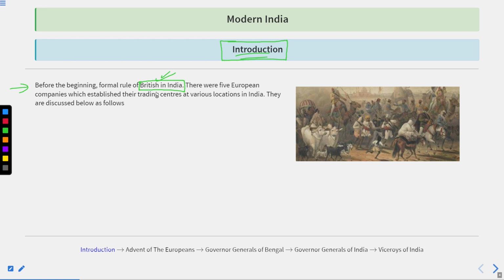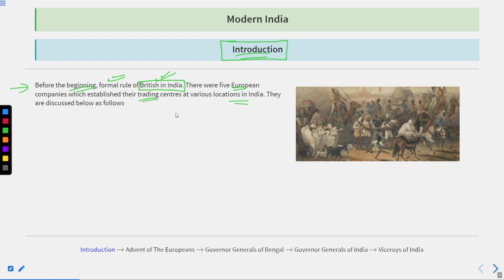So you can see, because the Britishers had a great influence on India because of their ruling history, whenever we talk about modern India, the first thing that comes to our mind is British India. But if we talk about this in the proper sense, even before the beginning of formal rule of British in India, there were in total 5 European companies which established their trading centers at various locations in India.